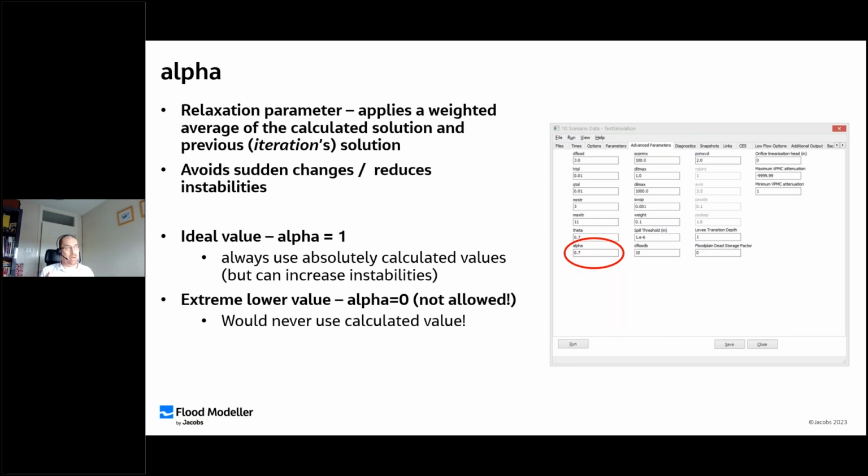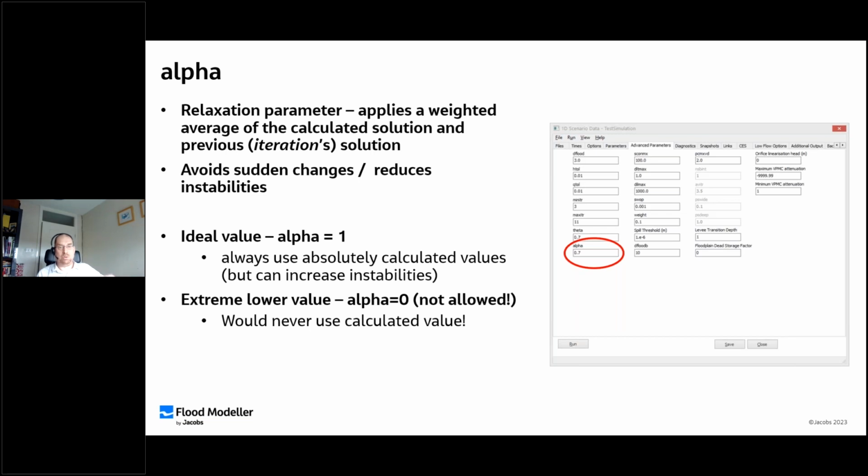So if we think of alpha equals 1 as our exactly calculated solution, and alpha equals 0 being the previous solution, then you're taking somewhere in between, and hopefully more than half, because it makes sense to me that you take more of the currently calculated solution than the previously calculated solution. But having alpha less than 1 does introduce some mass balance or mass conservation issues, so it's not exactly mass conservative.